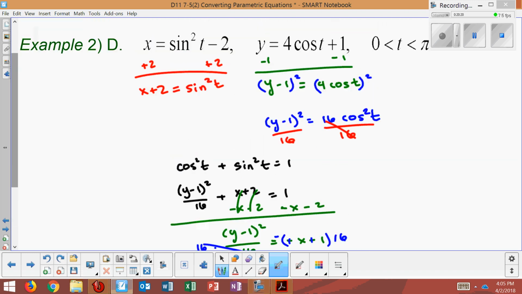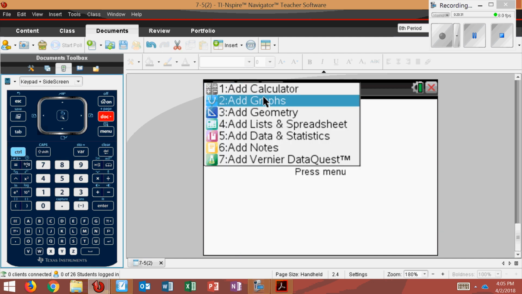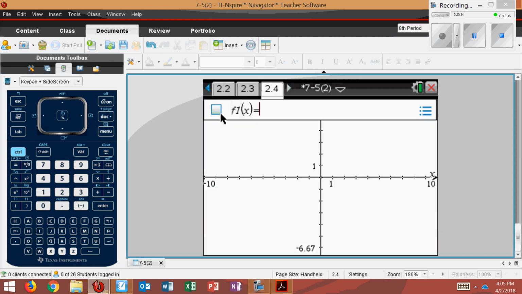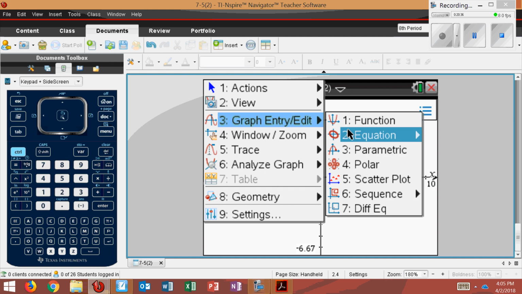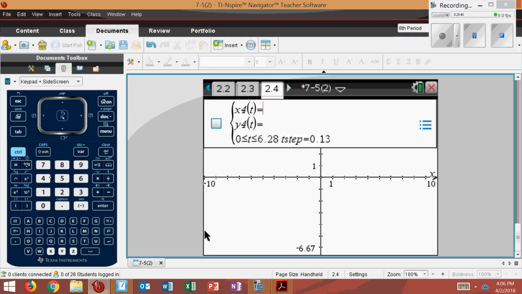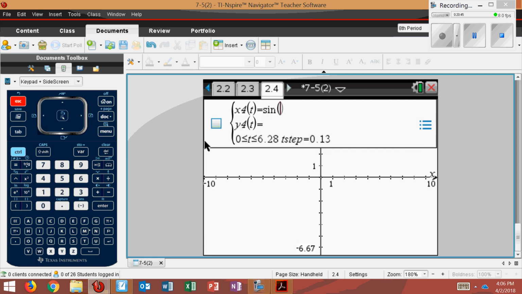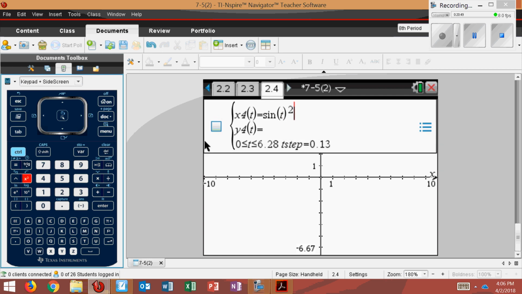So let's start up here. So I'm going to hit a new dot. I need to see a new page real quick. And I want to go to graph, menu, graph entry, parametric, and the equation was sine squared theta, or sine t squared, with the squared on the outside, and minus 2.